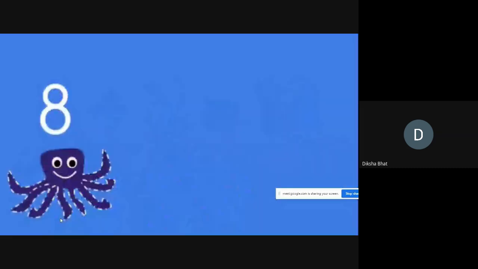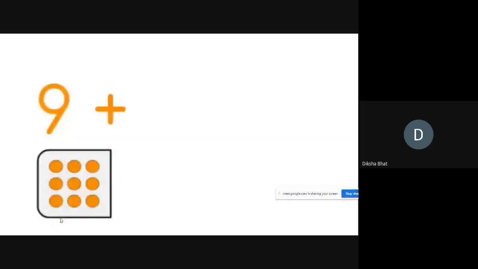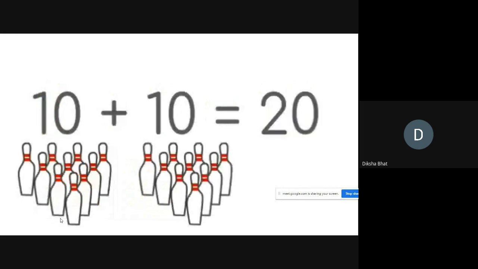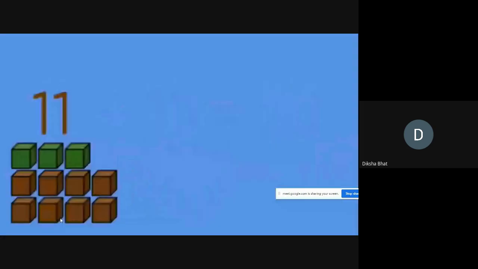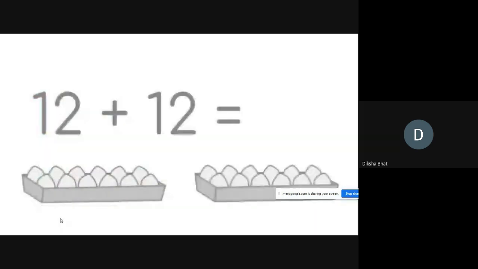And 8 plus 8 is 16. 9 plus 9 is 18. 10 and 10 make 20. 2 11s are 22. And 12 plus 12 is 24.